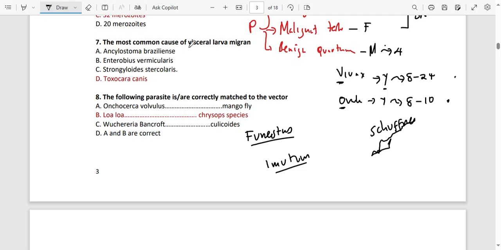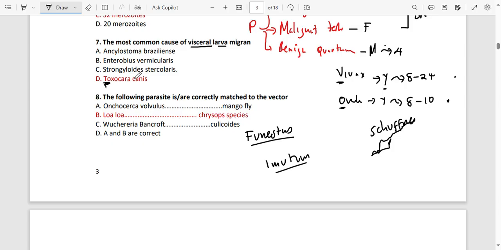Yeah, for this one, this is visceral larva migrans. Most of the worms that you are going to see, like the filarial worms, they mostly cause cutaneous larva migrans, where the worm is moving around the skin. But this T, just think of T for tissue.